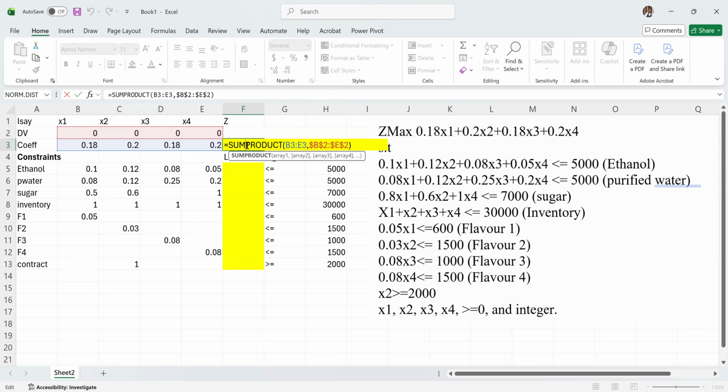Yeah, Doc, since it's multiplication, the array, can't you get the decision variable first, then the coefficient second? I'm saying that when you input in the formula, you are selecting array 1, array 2.